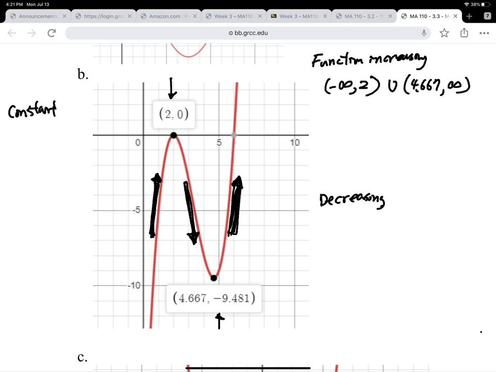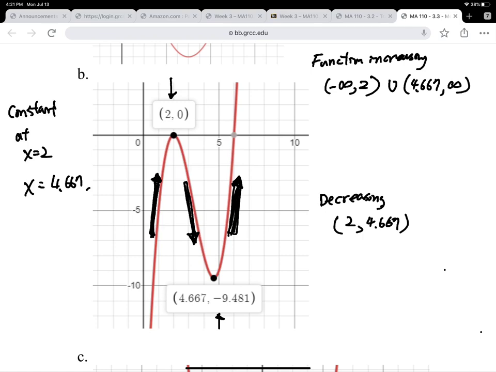The function is decreasing between 2 and 4.667. And the function is constant, so it's neither increasing nor decreasing, at x equals 2 and x equals 4.667.